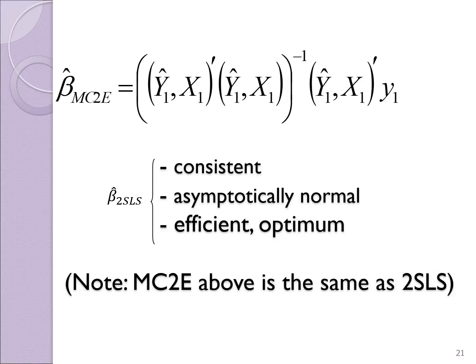The two-stage least squares that we care about here are better behaved than in the previous cases because they are consistent, asymptotically normal, and efficient, so they are optimal in a sense, because they incorporate more information than just using one instrumental variable.